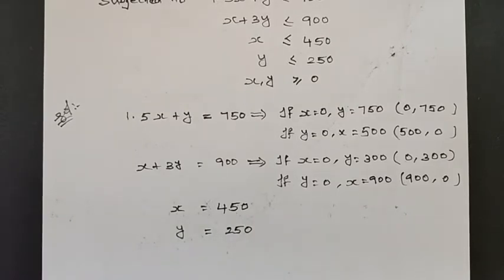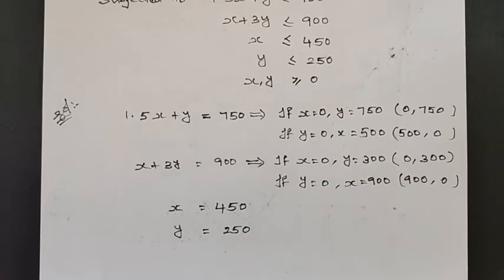Now these are the four constraints given to us, and we need to solve them with the help of the graphical method. So now we have to draw the graph for the problem. How to draw the graph?